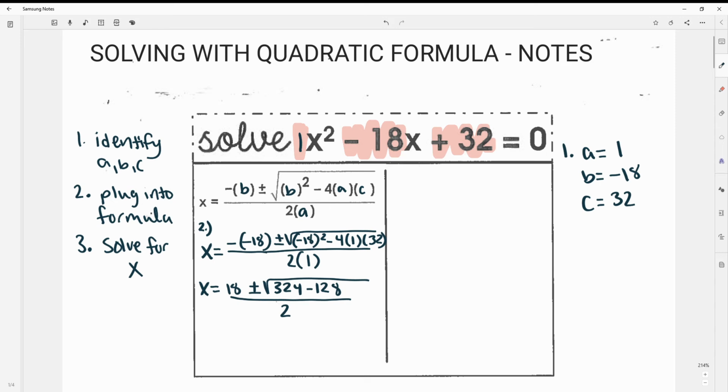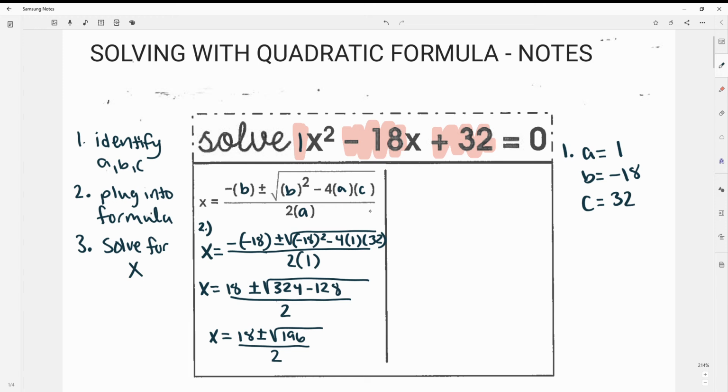I'm still on step 3. I'm on step 3 until I have an answer. So I just have to keep going here. 324 minus 128 gives me 196. Still don't have an answer.